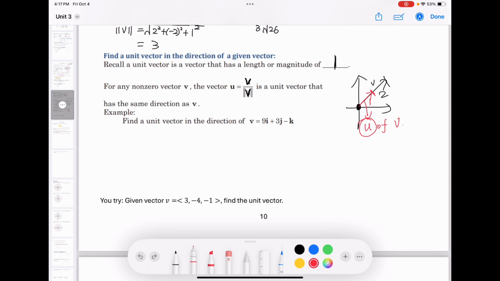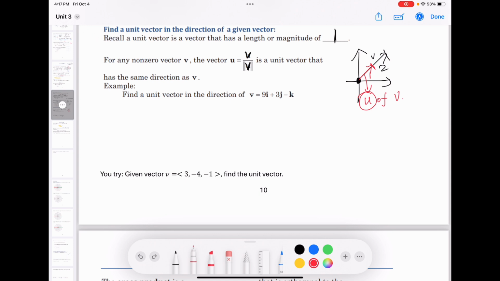Okay, for the first example, find the unit vector in the direction of v is 9i plus 3j minus k. So unit vector u is equal to, I prefer to have the component form, which is 9, 3, -1, all divided by the magnitude of v. What is the magnitude of v? It is the square root of 9 squared plus 3 squared plus -1 squared. So let's do the simplification. 81 plus 9 is 90, 90 plus 1 is 91.